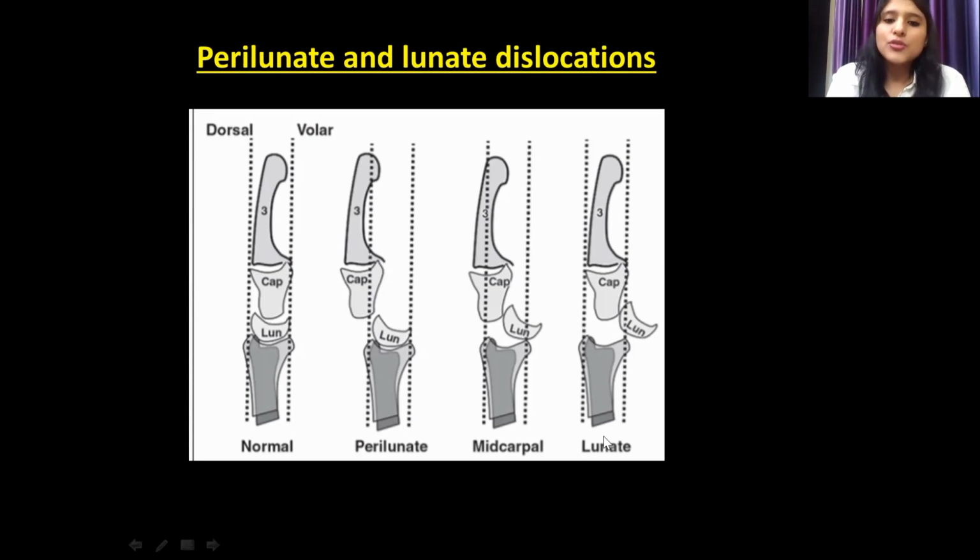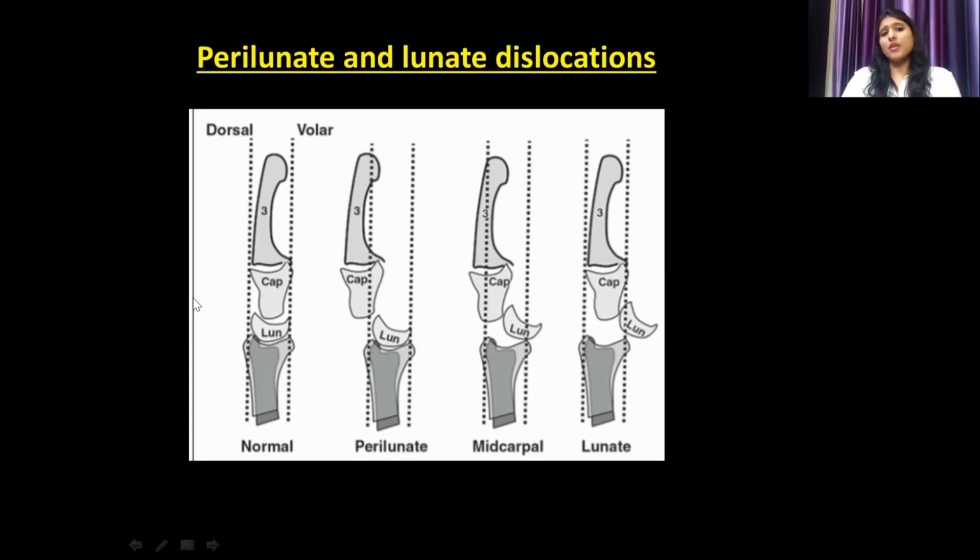dorsally. Now, in case of lunate dislocation, it is the lunate bone which undergoes dislocation with respect to the distal radius, and the third metacarpal, the capitate, and the lunate all lie along the same plane. So here in this case, more commonly, we see volar subluxation of the lunate bone. Whereas in mid-carpal dislocations, the lunate undergoes volar subluxation, and the capitate and the third metacarpal undergo dorsal subluxation.